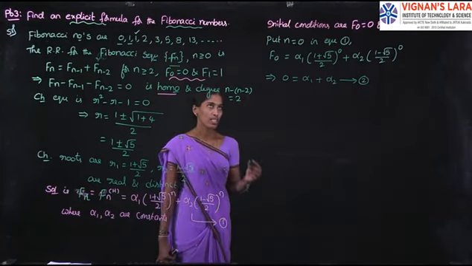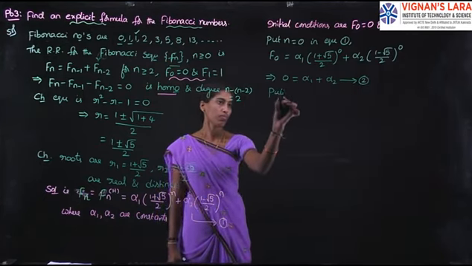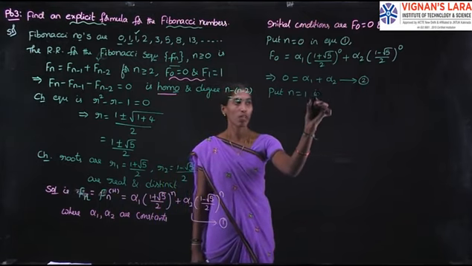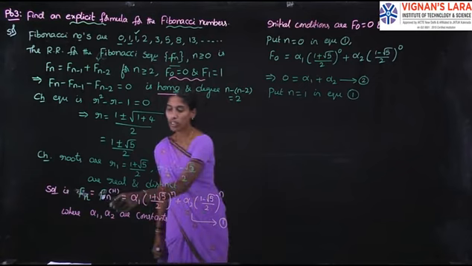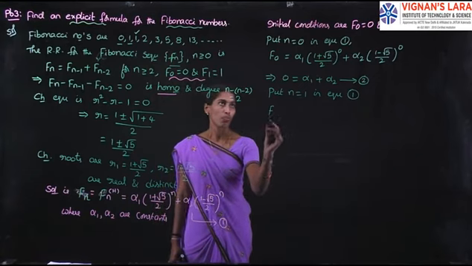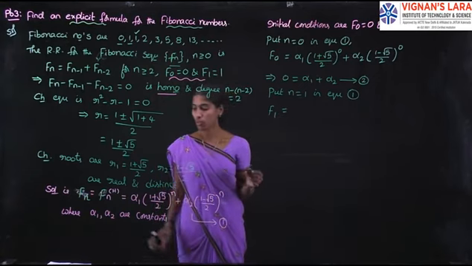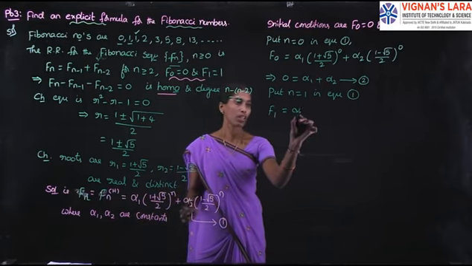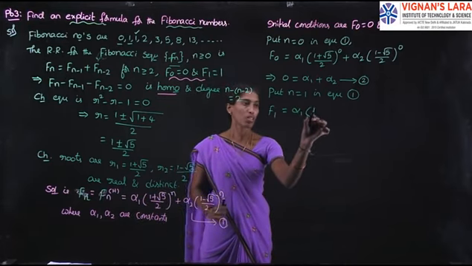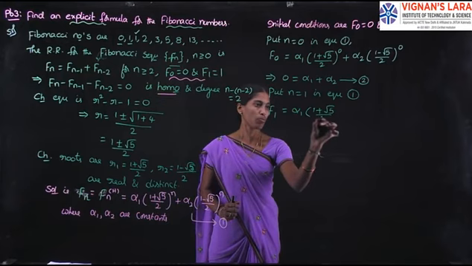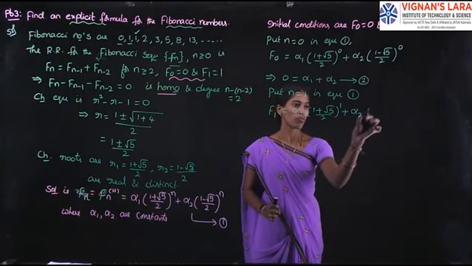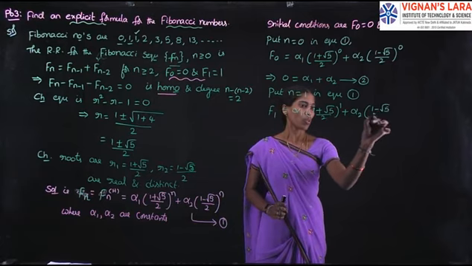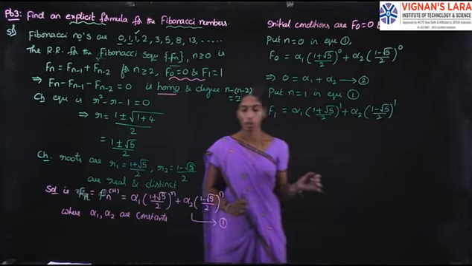In the next step, put n is equal to 1 in equation 1. So f1 is equal to alpha 1 into 1 plus root 5 by 2 whole to the power 1 plus alpha 2 into 1 minus root 5 by 2 whole to the power 1.